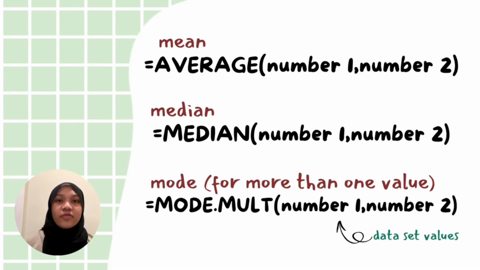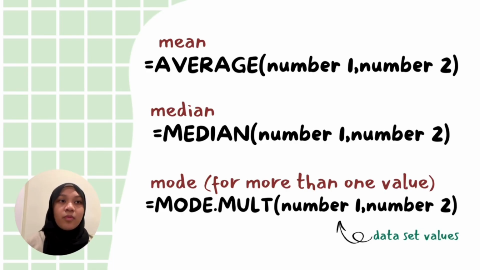First of all, to find the mean, you use the function =AVERAGE and use number 1 and number 2 from the dataset values that you've already gotten. Next, for the median, you use =MEDIAN and insert the dataset values from the raw data table.